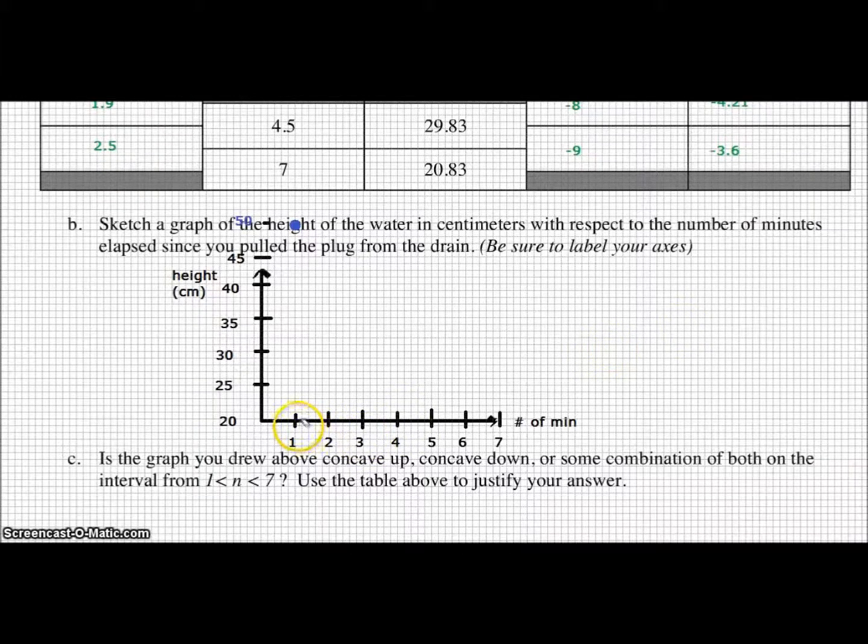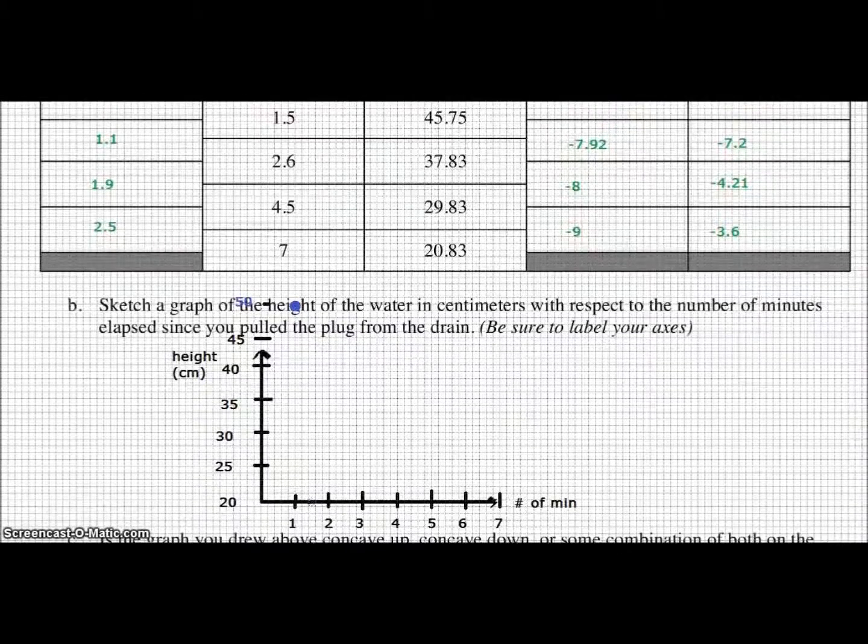So 1.5, that's 2.5 of these, so somewhere right there. I'm just going to mark that to remember. Each of these tick marks is actually 1, 46, 47, 48, 49, 50. So 45.75 is just about 46. So I start at this point and go up, 46, about right here.